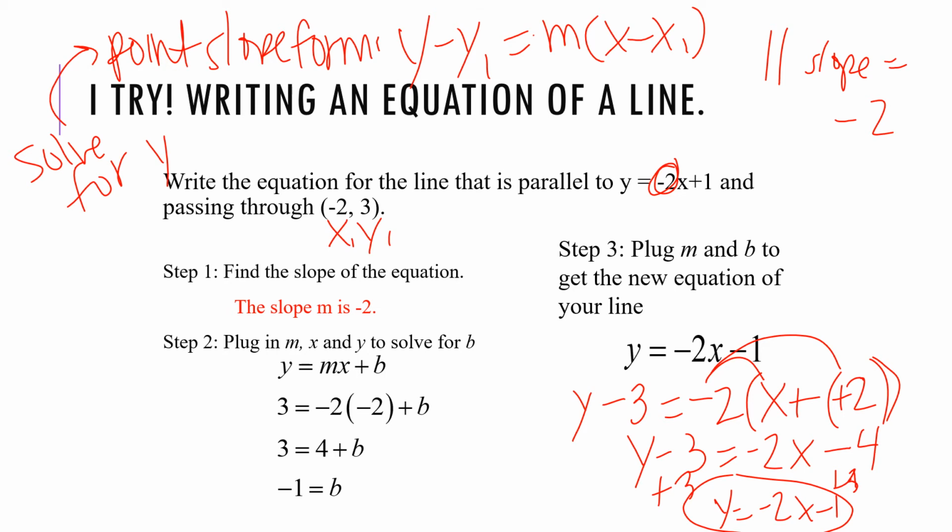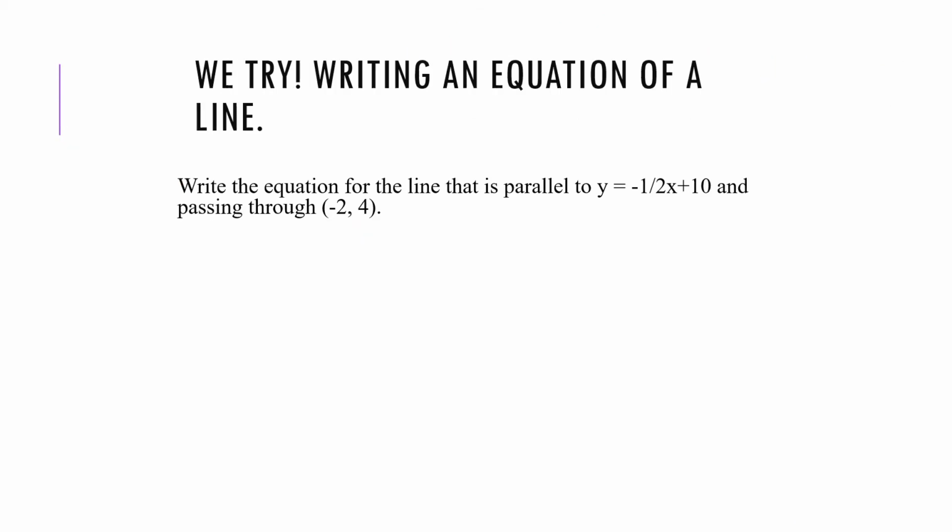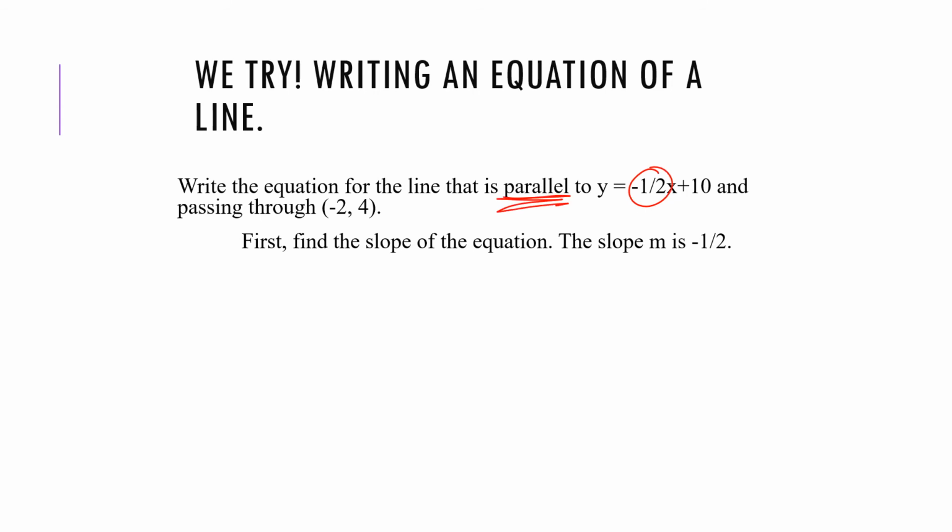Okay? So then let's try this one together. So again, I'm going to write, step 1 is to find the slope of the equation. So if we're doing a parallel line, parallel lines need to have the same slope. So the slope for this line is negative 1/2. Then I'm going to plug it in to my y equals mx plus b or point slope form, doesn't matter.